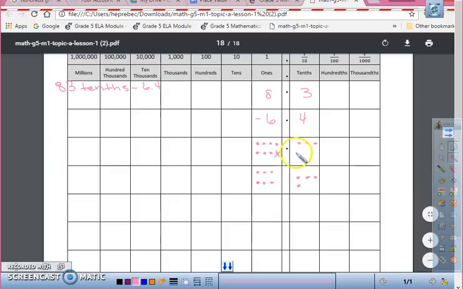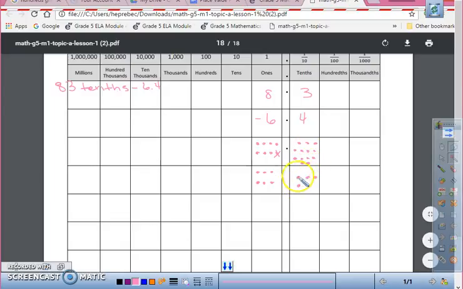And remember that 10 tenths makes 1 whole, so I'm going to make that into 10 tenths. Okay, so now I'm doing 10 tenths. That's 1, 2, 3, 4, 5, 6, 7, 8, 9, 10, 11, 12, 13.